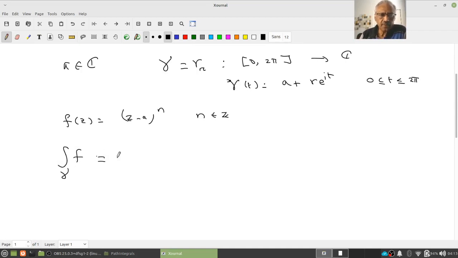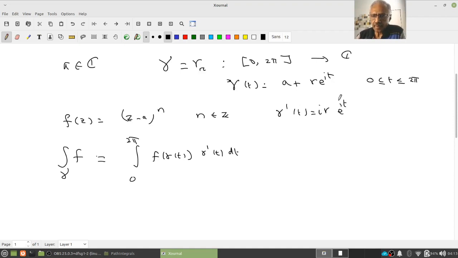So we want to integrate f over gamma. By definition, this is the integral from 0 to 2 pi of f of gamma t times gamma prime t dt. Now what is gamma prime t? Since a is a constant, r and i come out, so this is i r e to the power i t. And what is f of gamma t?